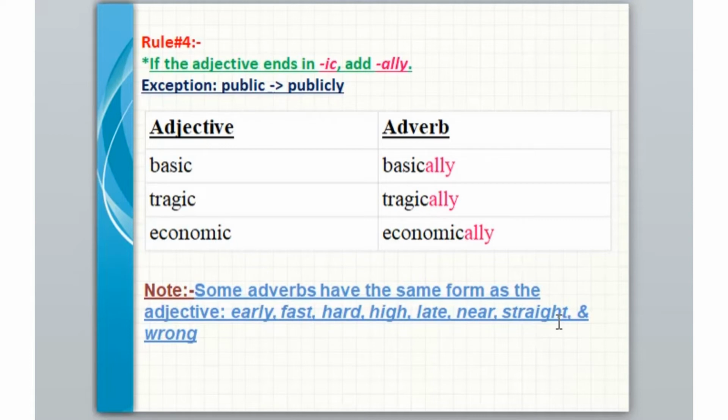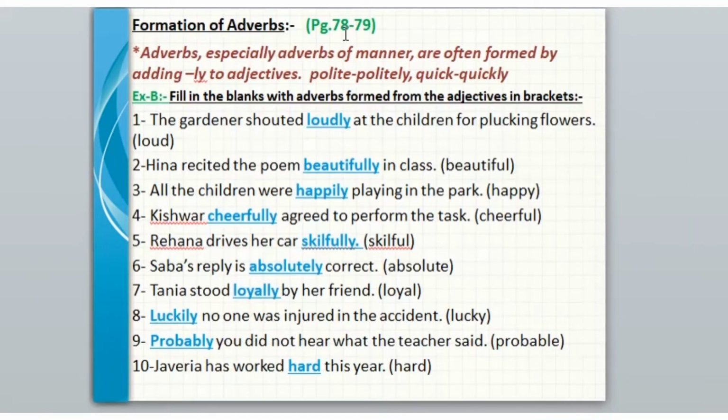Okay, students, now we will come to exercise B. I will read the question for you. The question from the book says, fill in the blanks with adverbs formed from the adjectives in brackets. Number 1. The gardener shouted dash at the children for plucking flowers, and the bracket says loud.